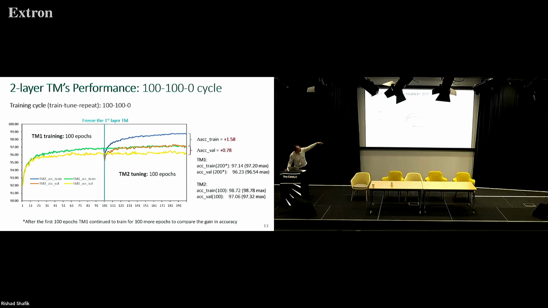You can continue to train the first TM for the next 100 epochs, because it's actually quite natural to compare: what if we train the first layer TM for 200 epochs, or what if we train it for 100 and then tune the second layer TM for another 100 epochs? And then you can see that this increase is just, well, it's 99 using only 100 clauses. So it was an interesting observation and very promising.